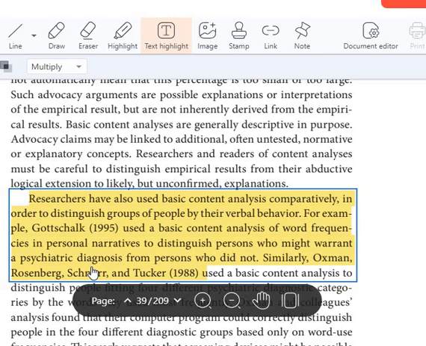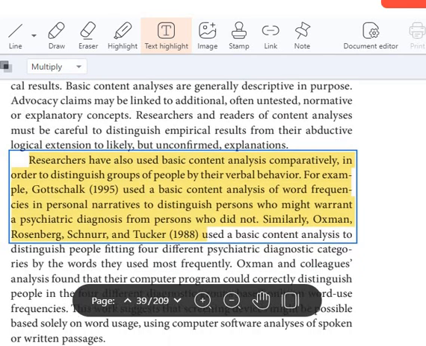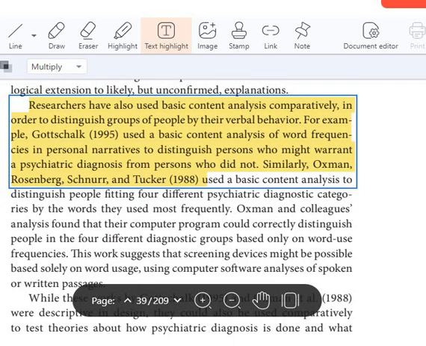So he focused on a certain social problem in order to identify those people who are suffering from a psychiatric disease. So he used the basic content analysis in determining this diagnosis among people. He used it comparatively here in this way.